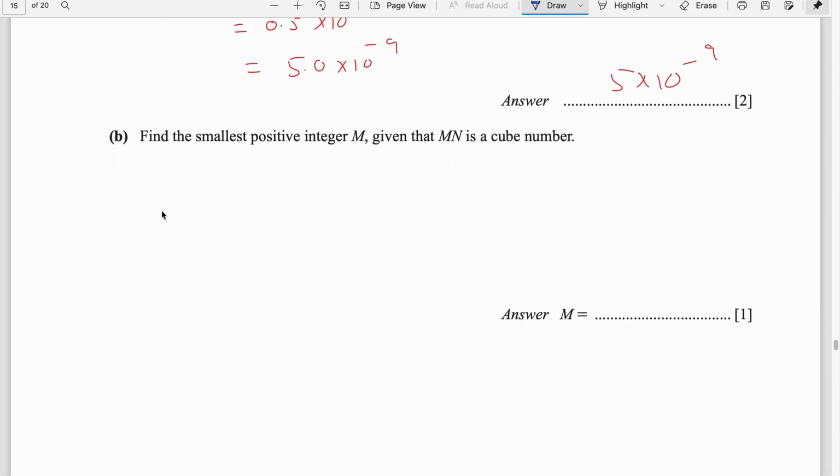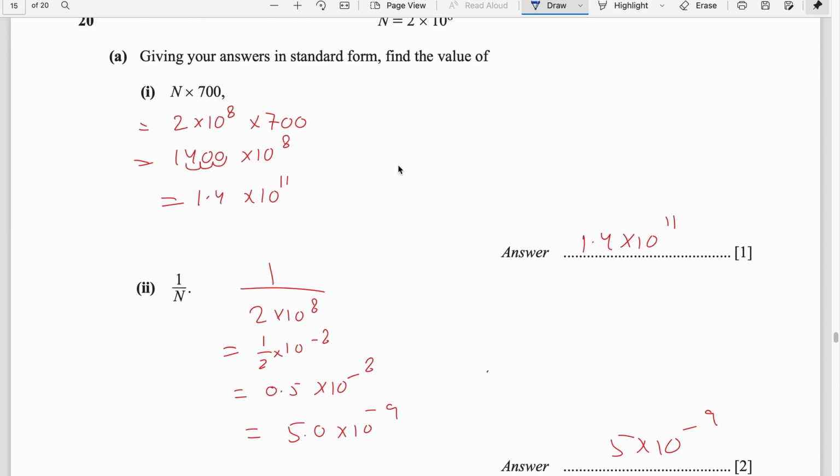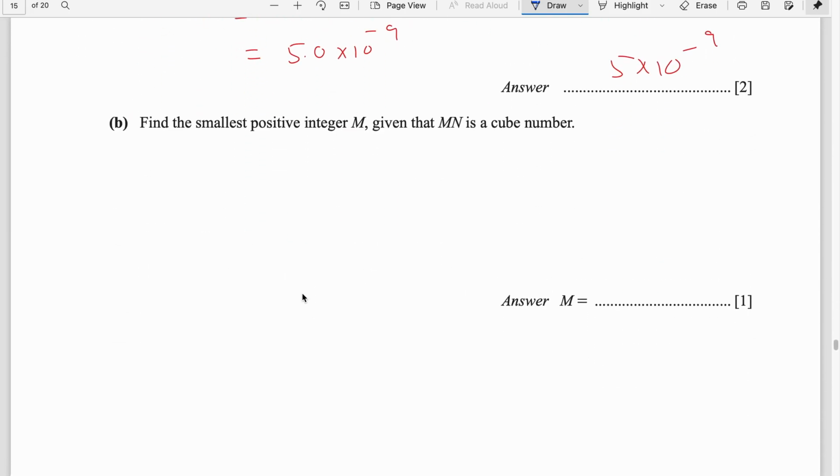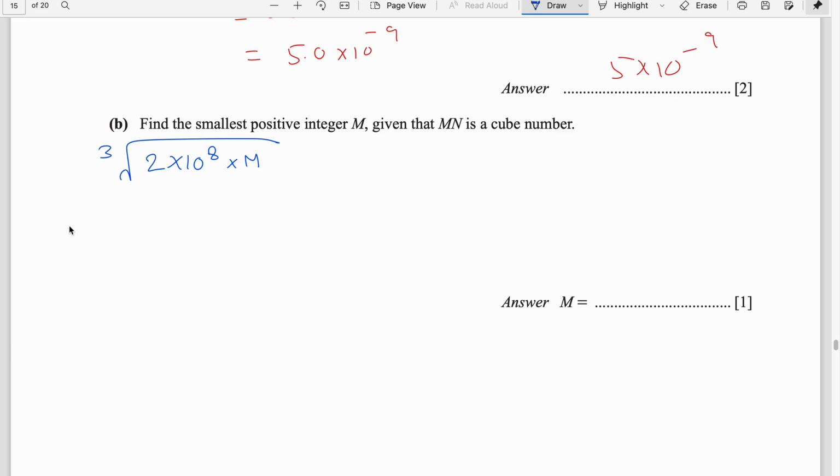B part. Find the smallest positive integer m, given that mn is a cube number. So n was 2 times 10 raised to power 8, times m. If it is a cube number, we should make groups of 3. So 2 is right there, and we have 8 zeros: 3 zeros, 3 again, and 2 of these.